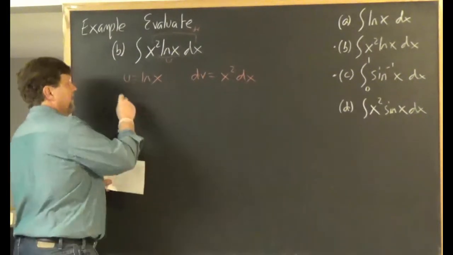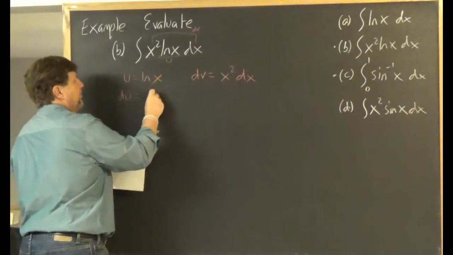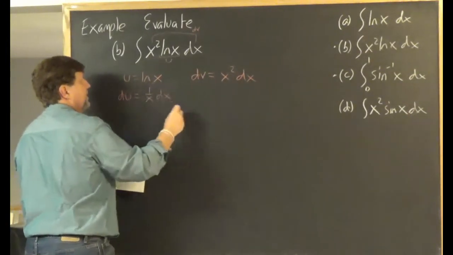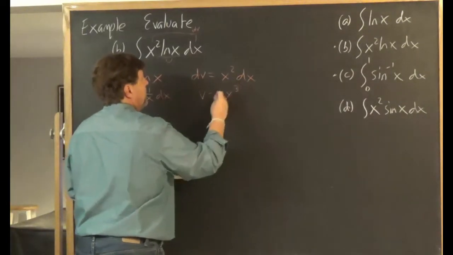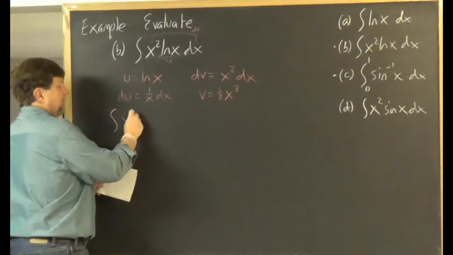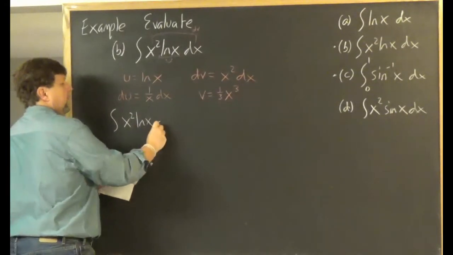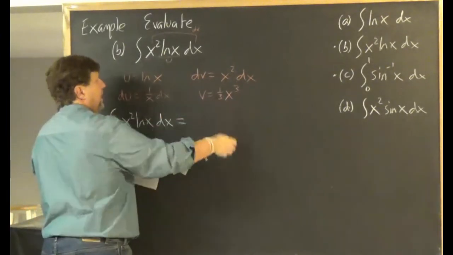Let's continue on. Hopefully you did this. You got du is 1 over x dx. V is 1/3 x cubed. So I write down the original integral. Crank it through integration by parts. U times v.